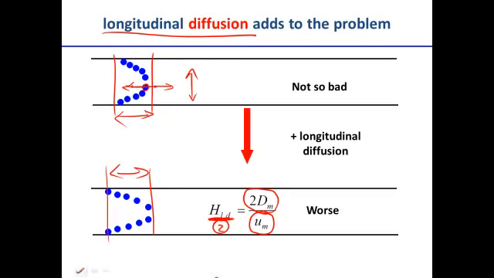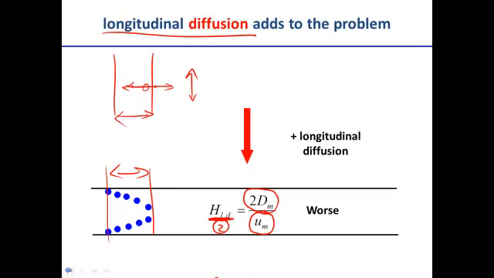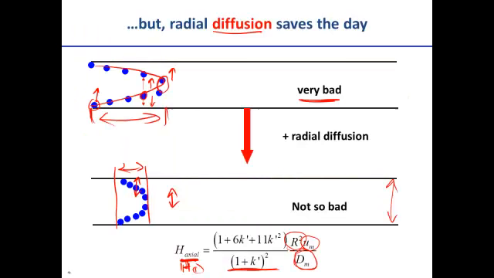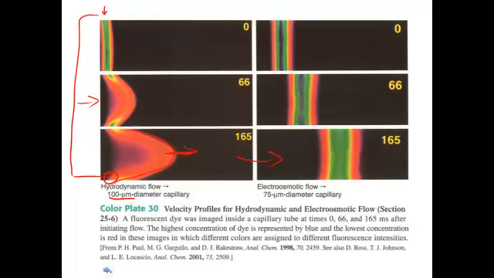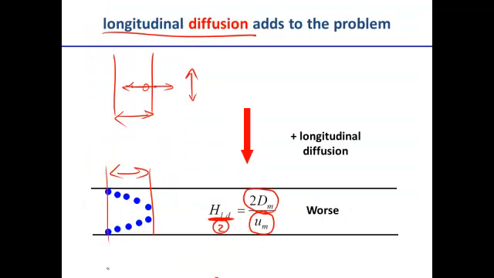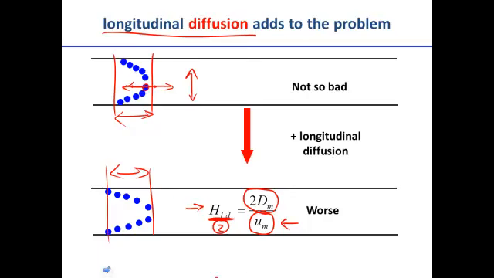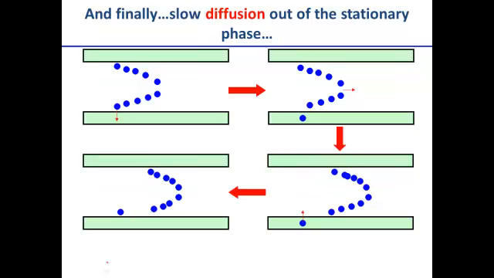So remember, in the previous case, we said that as u becomes larger, H becomes bigger, which is bad. But now in this case, when u becomes larger, H becomes smaller, which is good. So these two effects are kind of opposing each other.